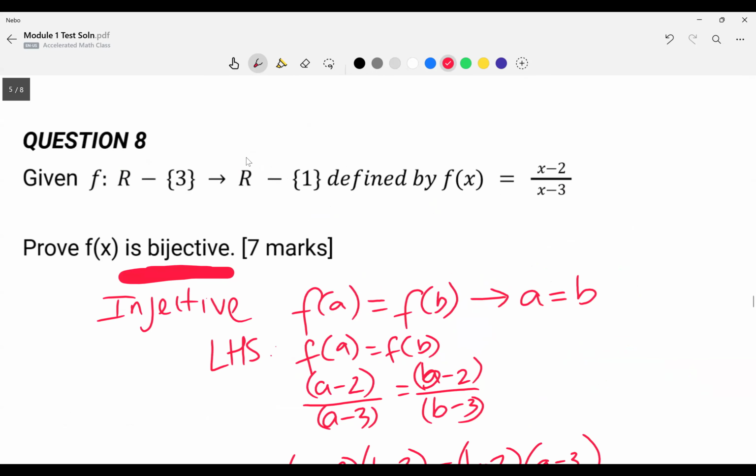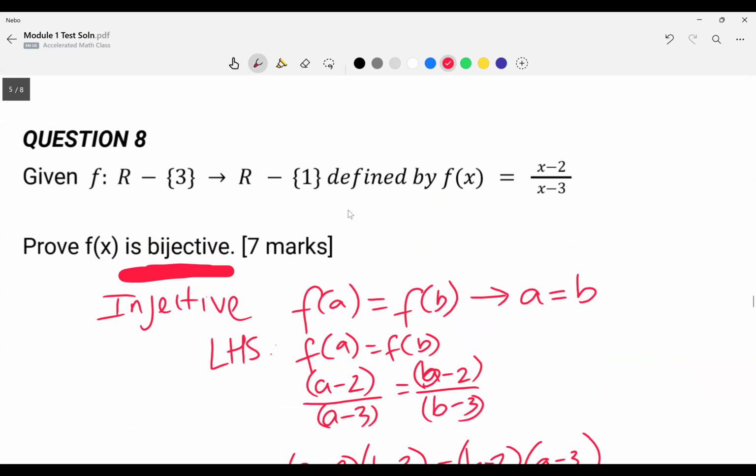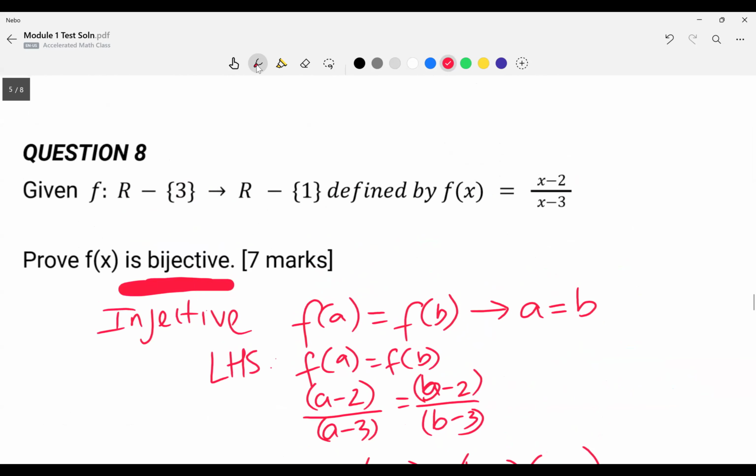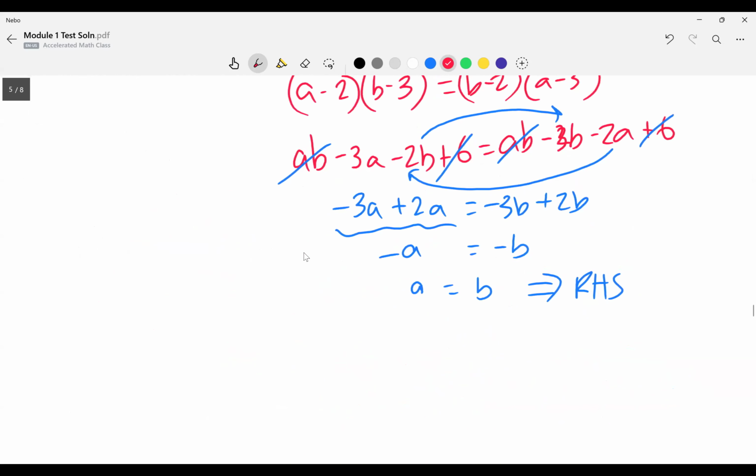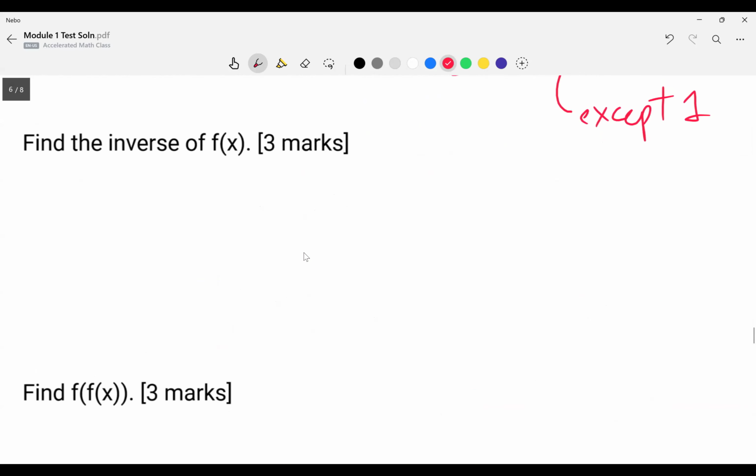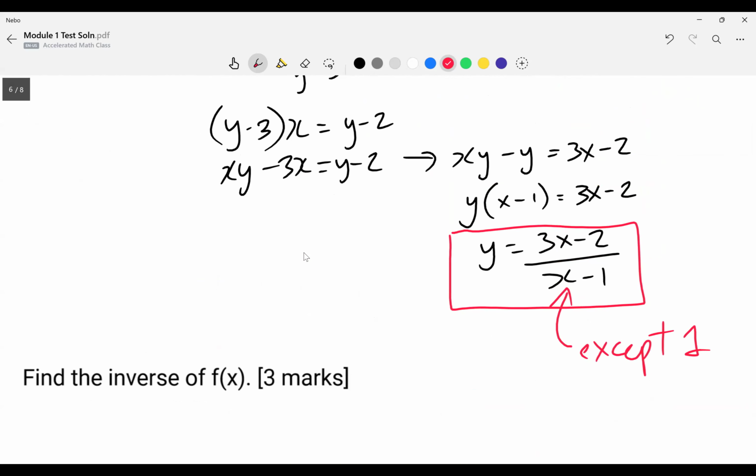They said, at the end of the day, we'll get any answer except 1. Since what we found matches what they said, we can tell them that yes, it is injective. So sorry, it's surjective. So we have injective to be correct. And because what they said is true, which is that we can get all real numbers except 1, surjective is also true. So since it's surjective and it's injective, it is bijective.